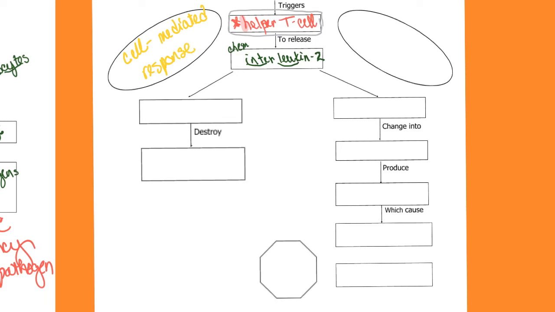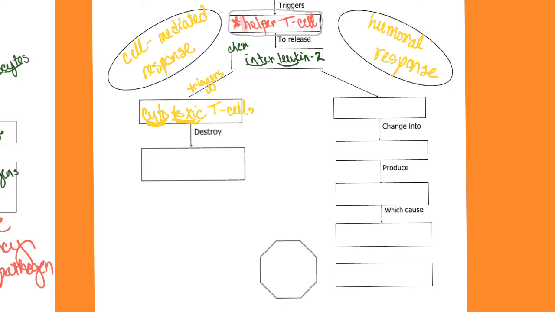And over here on the right-hand side, this is now the humoral response. And interleukin 2 is a chemical message that causes the cytotoxic T cells to kick into action. And the really neat thing about the cytotoxic is just by looking at the word right here, cyto meaning cell, toxic.